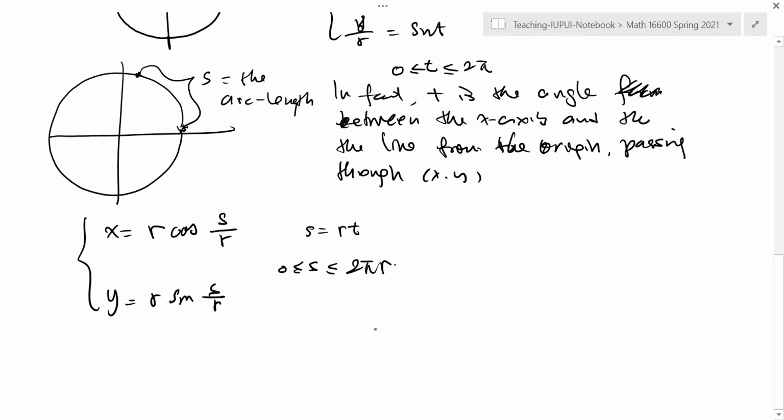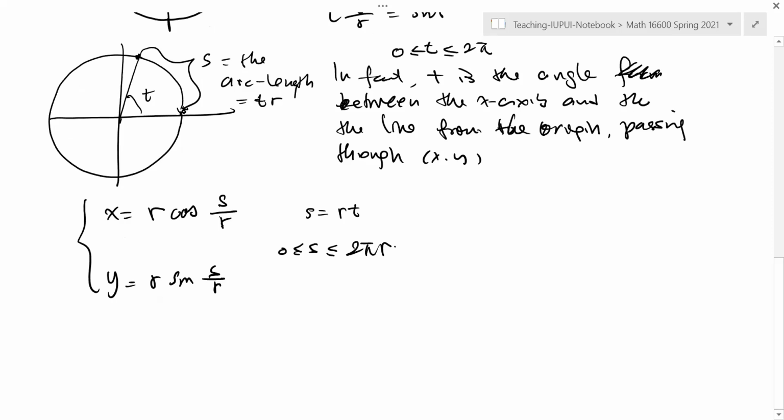The arc length is determined by the angle t and the radius r. Remember, there are many ways to describe the same curve in space.